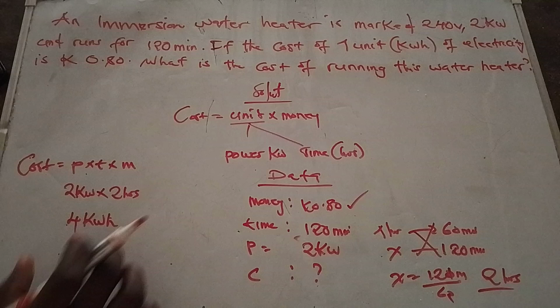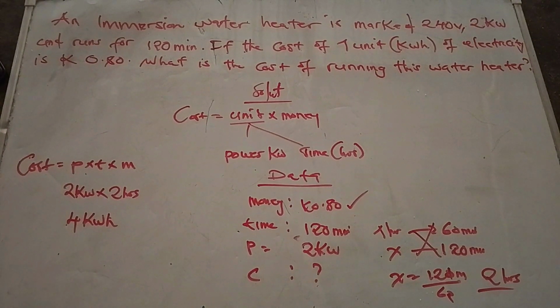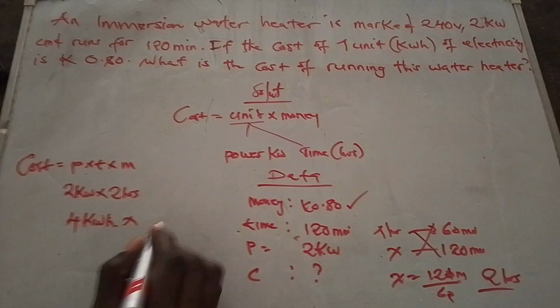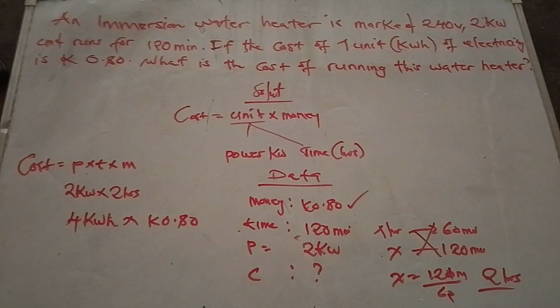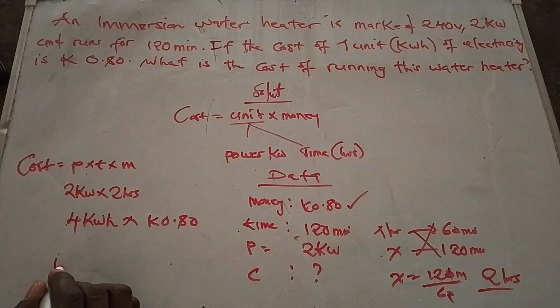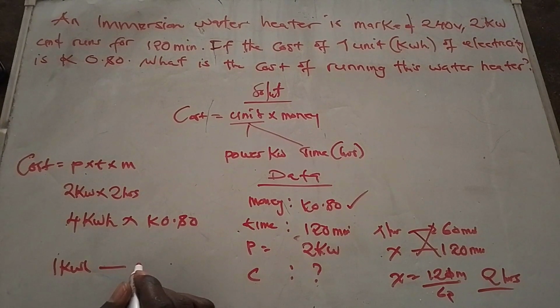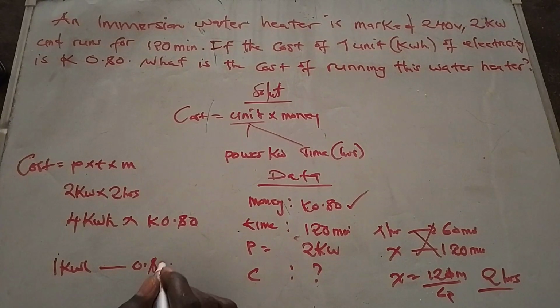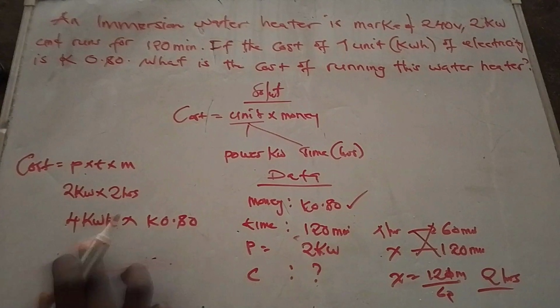So this is now the unit. So we have 4 units now. Then you multiply by 0.80. Since 1 unit is equivalent to 0.80, meaning that 4 units should be multiplied by this one.